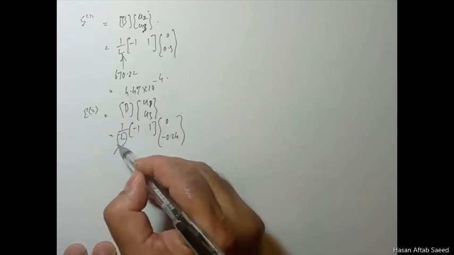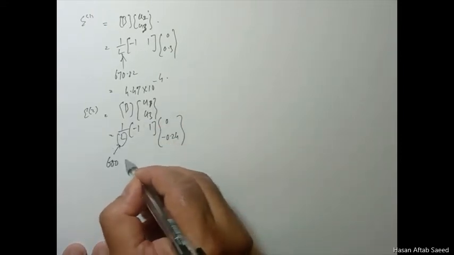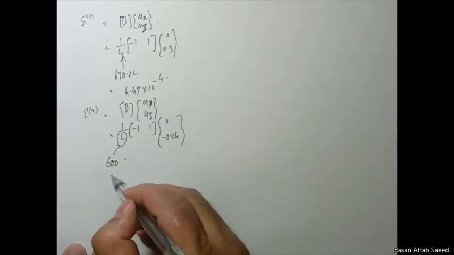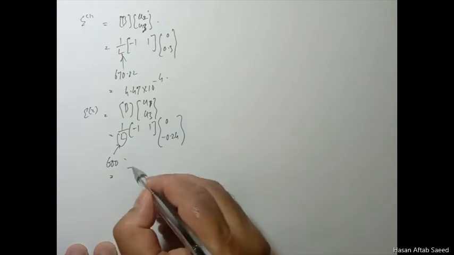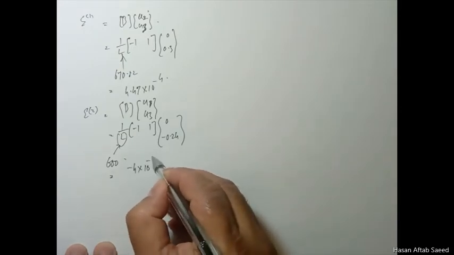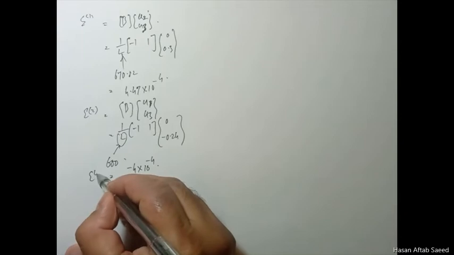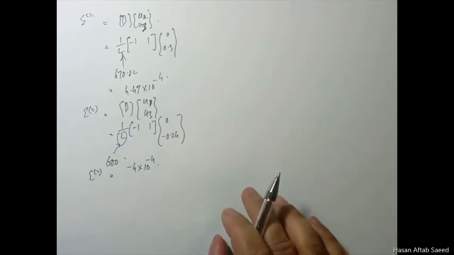Here for L you have 600 now, because element 2 is 600. So if you solve this thing, you'll get minus 4 into 10 raised to the power minus 4. Obviously there's no unit for this, it's a dimensionless quantity.